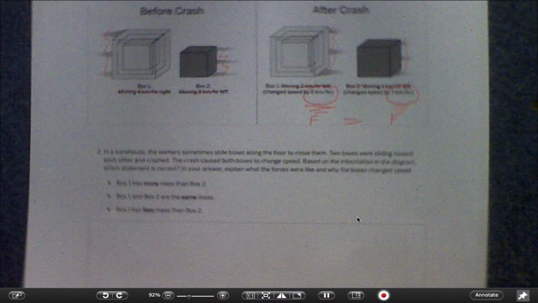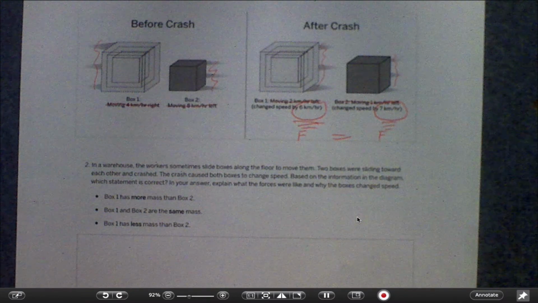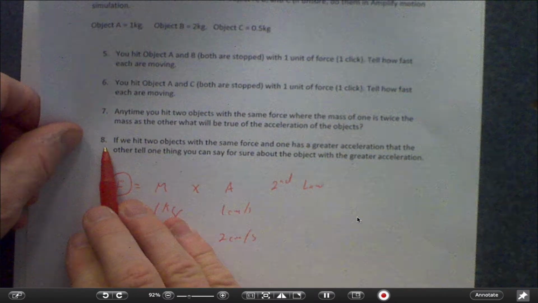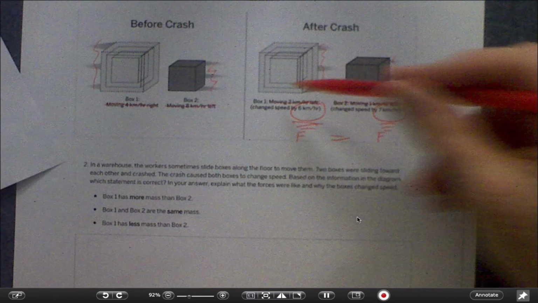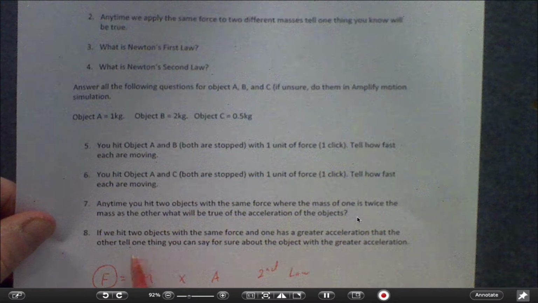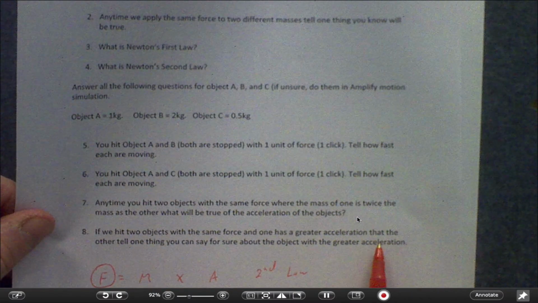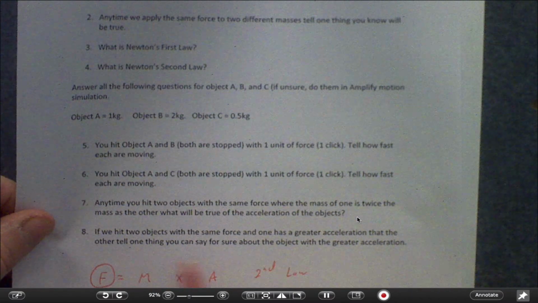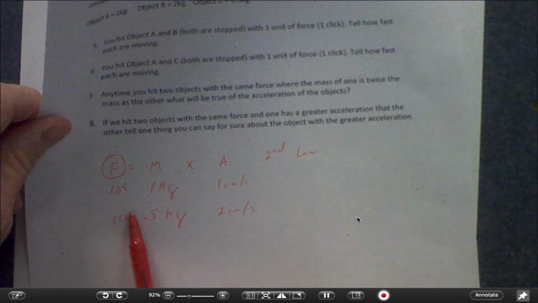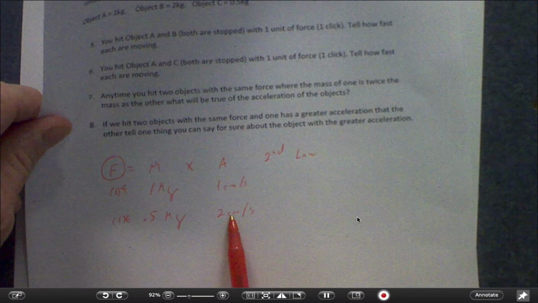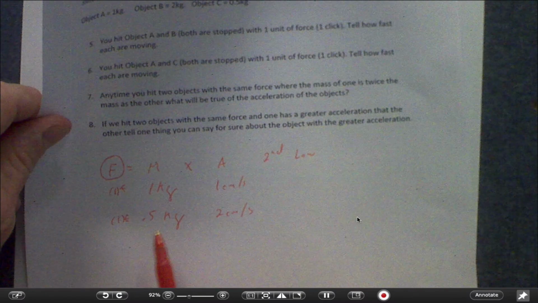And the final thing is, now we go all the way back to number 8. It says, if we hit 2 objects with the same force and one has a greater acceleration, tell one thing you can say for sure about the object with the greater acceleration. Well, if you hit them with the same force, the object with the greatest acceleration is going to be less massive.